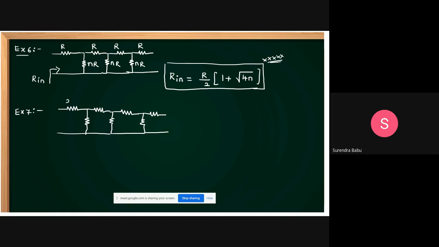Okay, this is 2R, this is R, this is R, this is R, this is R, this is R, this is R. Fraction of minute you can answer this.